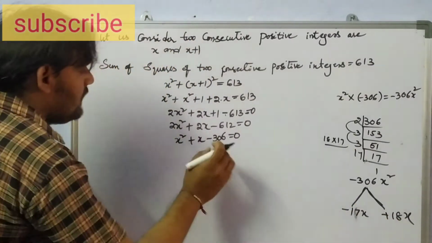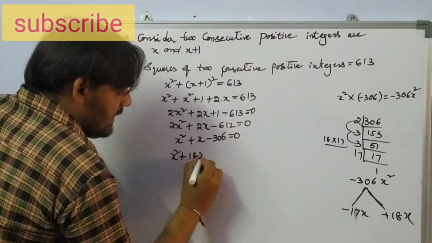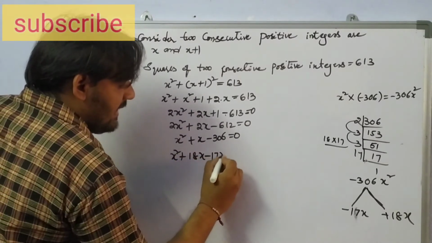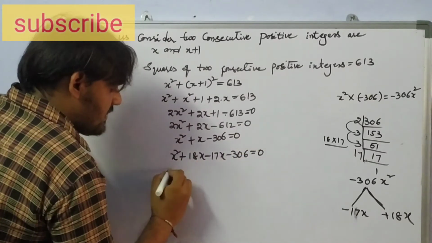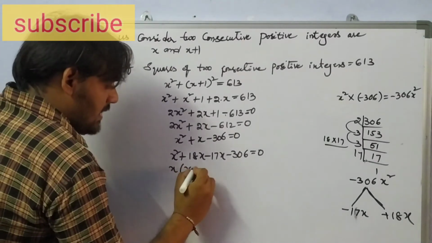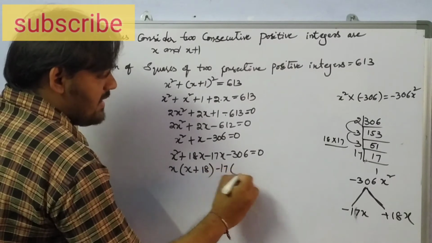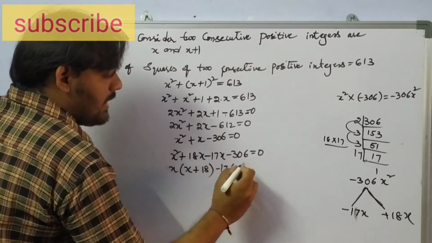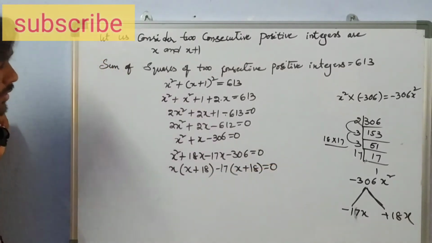Now we need to write this as x square plus 18x minus 17x minus 306 is equal to 0. From this, take x common. After that, it will become x plus 18. From this, take minus 17 common. So here it will become x plus 18 is equal to 0.